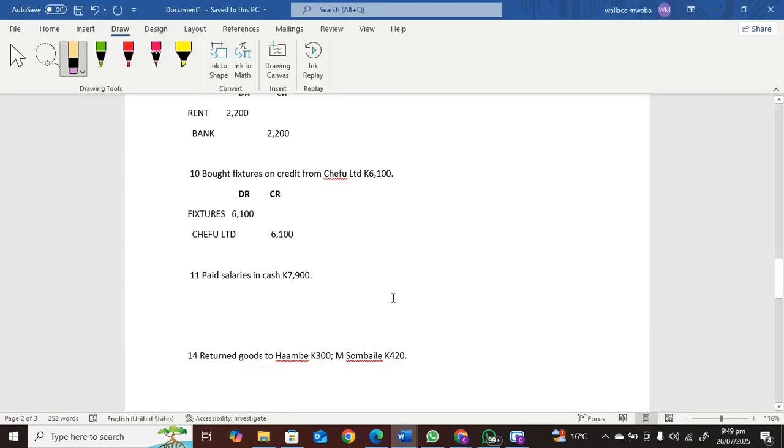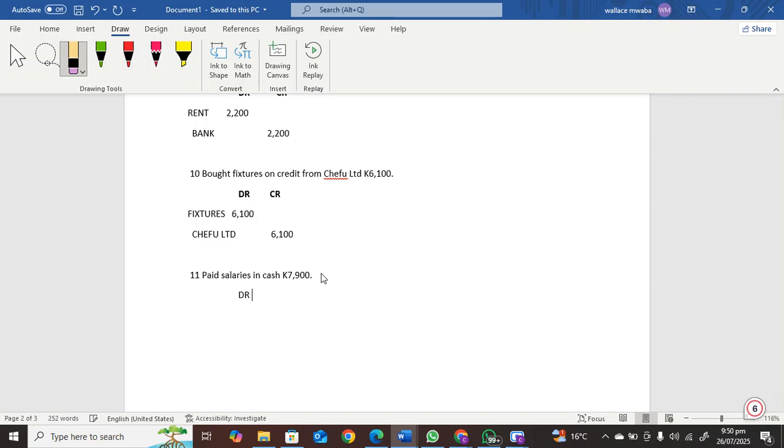Here we were paying in cash, and the other one is salaries. Salary is an expense.